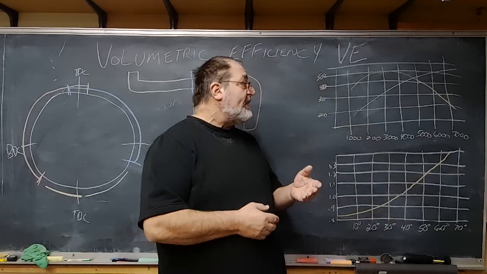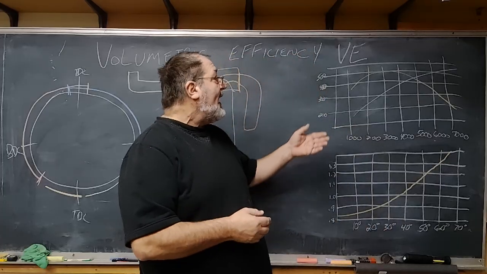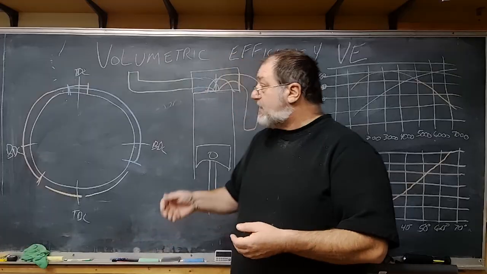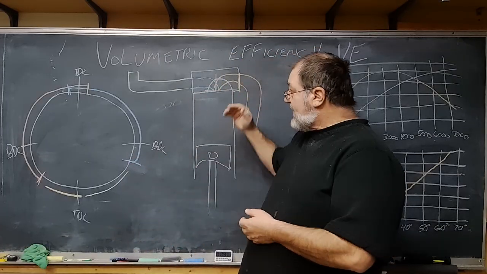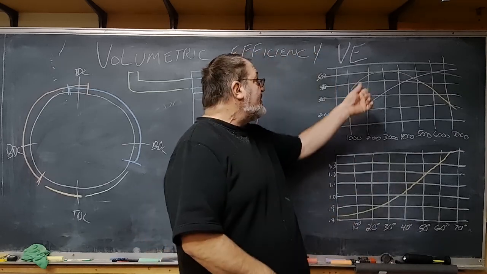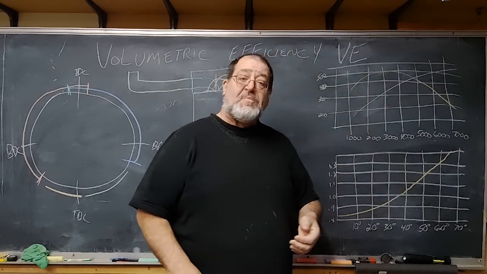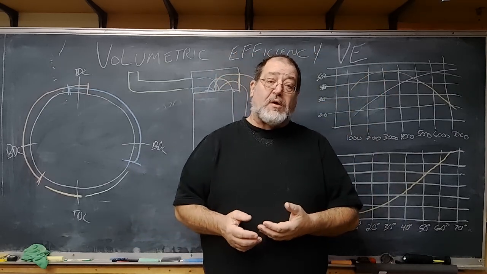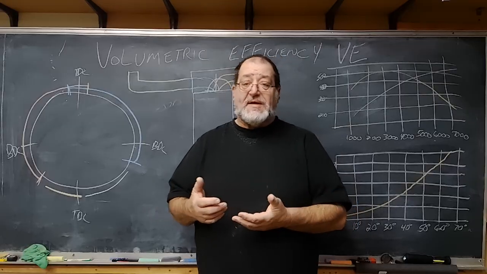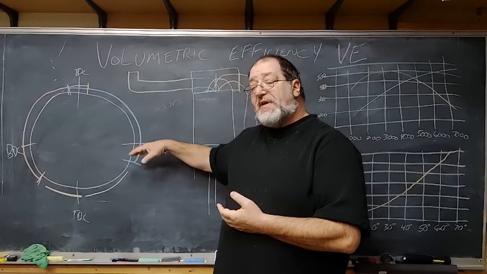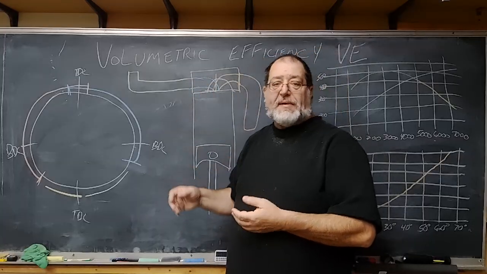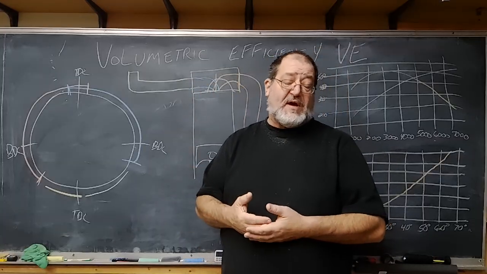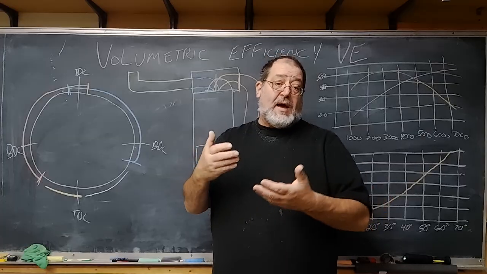With that increased airspeed at low RPM and increased flow and later closing, they got a better fill and they generated more torque. And that's really how it works. So you have to not necessarily move this back, you have to increase your airspeed. And I have done this successfully on engines.